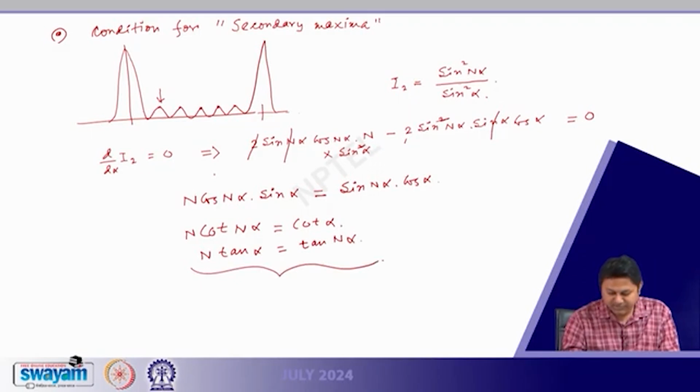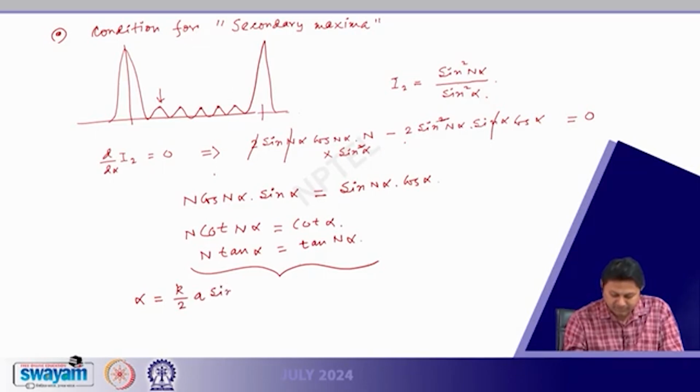So we need to solve this transcendental equation. One can solve this only graphically. If somebody solves this graphically, then he or she can find the value of alpha for which one gets the secondary maxima. And alpha is k by 2 a sin theta.